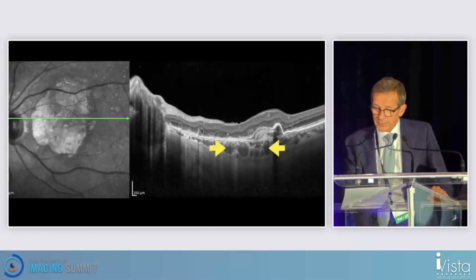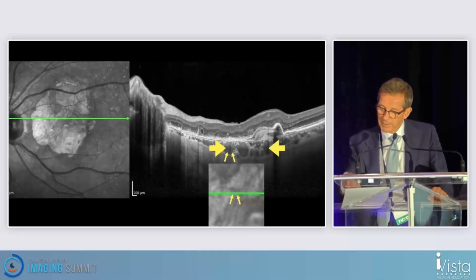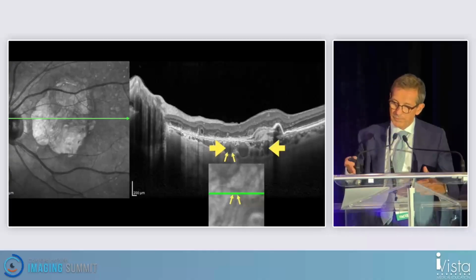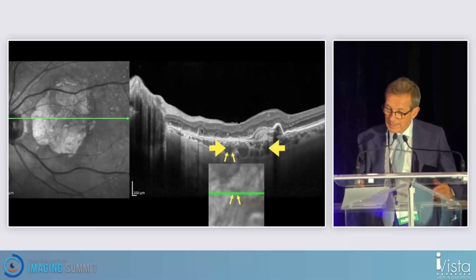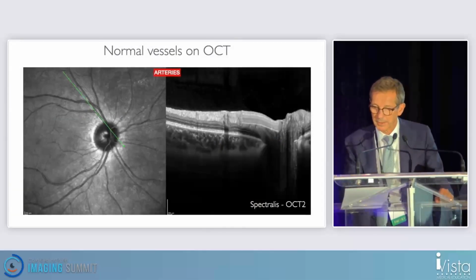Or you can actually see the same things on the choroidal vessels, and that's probably better visualization of the choroid and the choroidal flow can be probably related to the fact that, as I showed, the wavelength is a little bit longer, so you can penetrate more, even if it's a spectral domain.